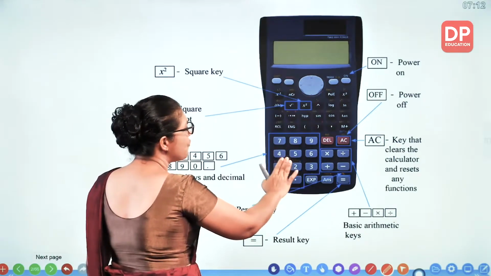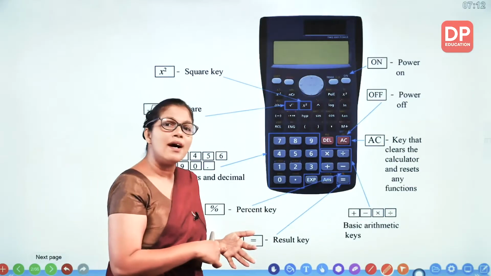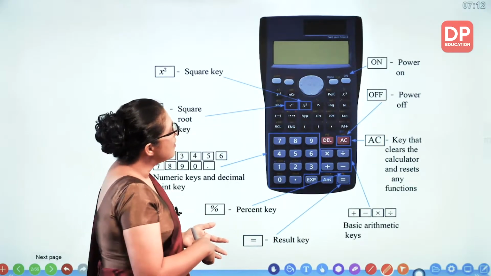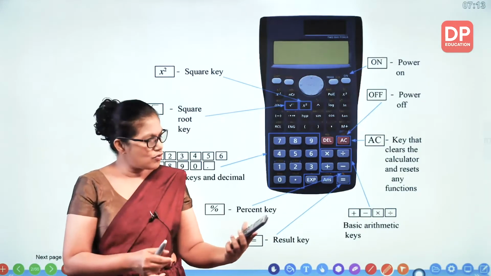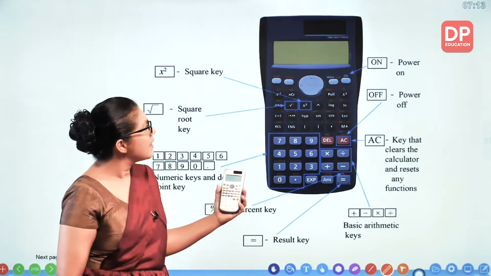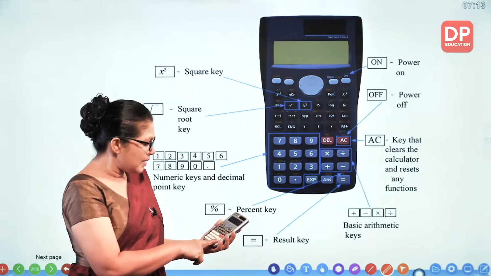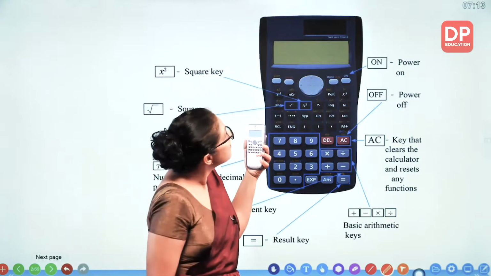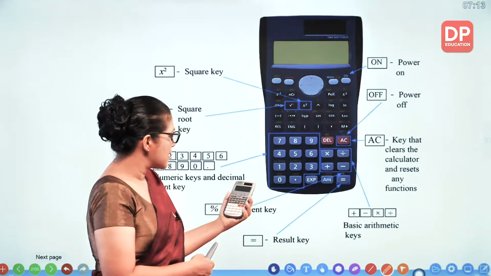And after you do all these, you have to press the equal button to get the answer. So I have another calculator, but the keys are different. That's also a scientific calculator. So you get all these buttons, and this is a different version of the same Casio calculators.